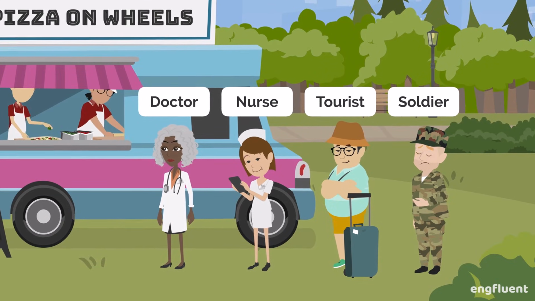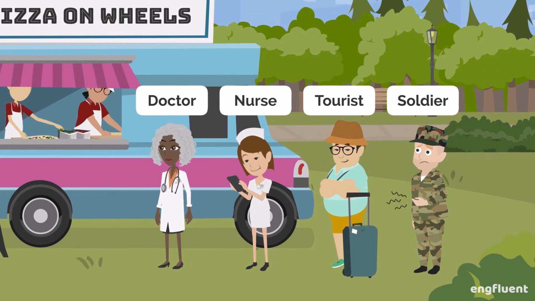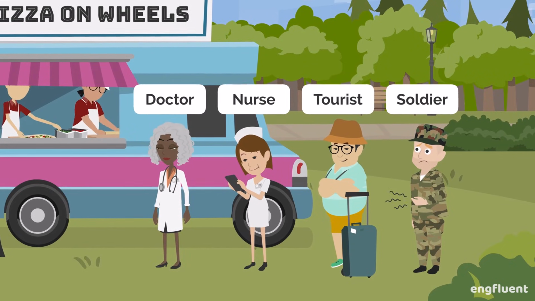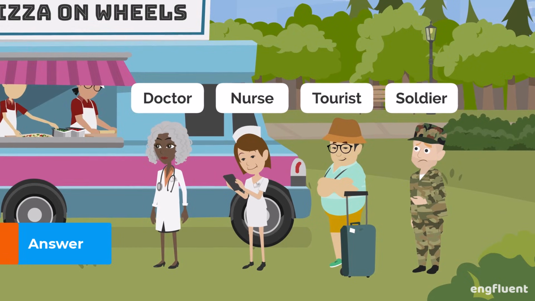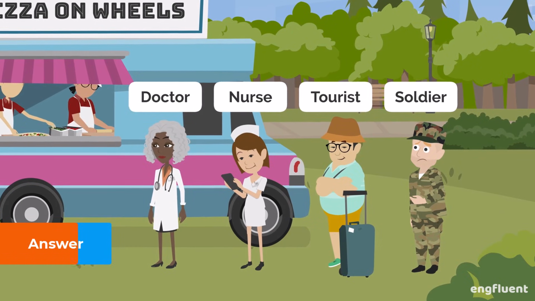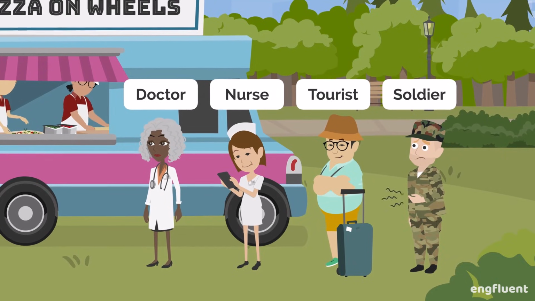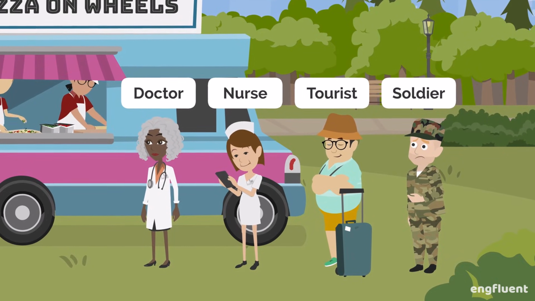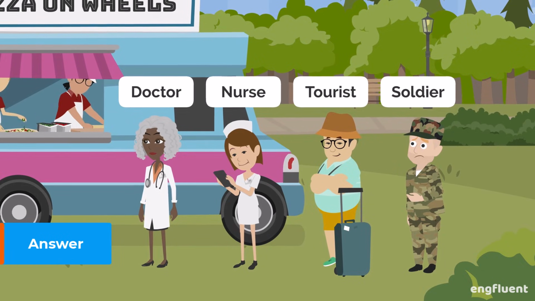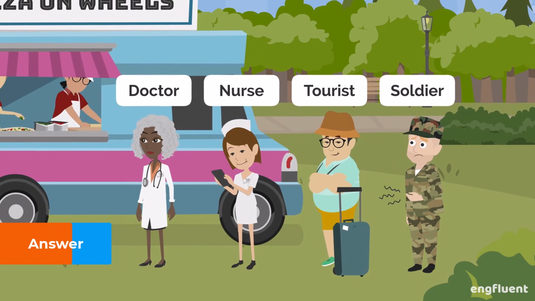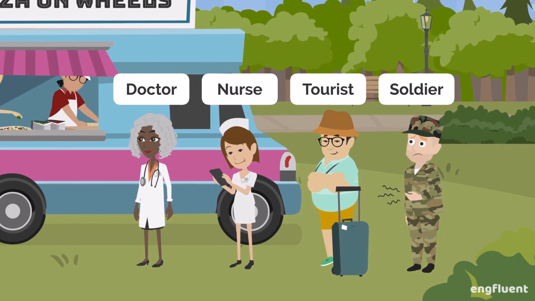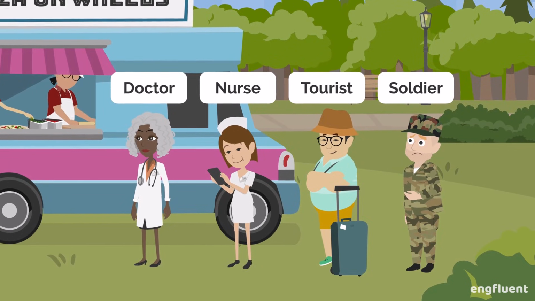The soldier is behind the tourist. Is the tourist in front of the nurse? No, the tourist isn't in front of the nurse. Who is in front of the nurse? The doctor is in front of the nurse.